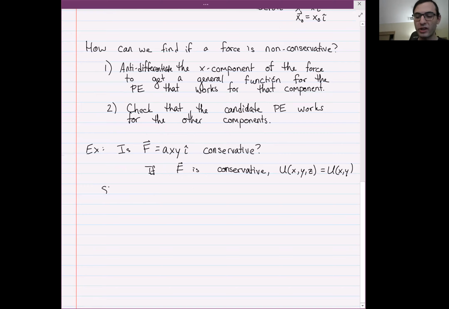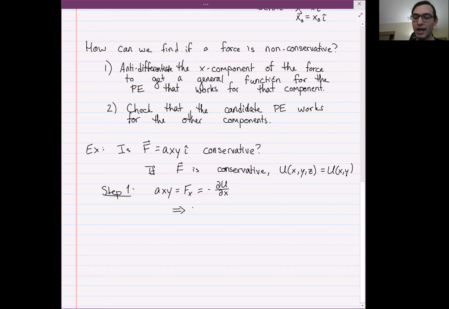So step 1 says integrate the x component. Now again, like I said, there's nothing special about the x component. It's just a choice. I could also do this for the y component. So the x component of this force is axy, and according to the formula to get the force from the potential energy function, this should be equal to the negative partial derivative of the potential energy function with respect to x, if such a U exists.